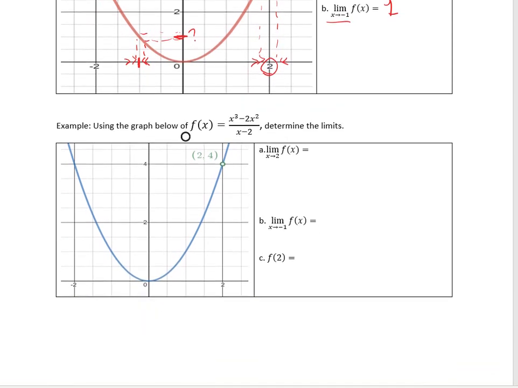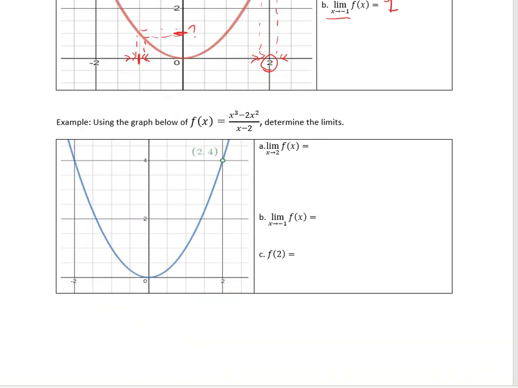Awesome. Now, if we look at this graph below, and we do the same thing where we explore this graphically, we want to explore the function f of x equals x cubed minus 2x squared divided by x minus 2. If you look at this graph, something I would like to point out is that this almost looks identical to the graph above, except that we actually have a hole at x equals 2.